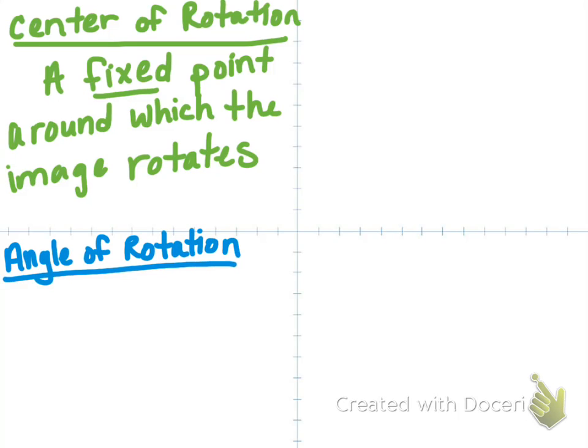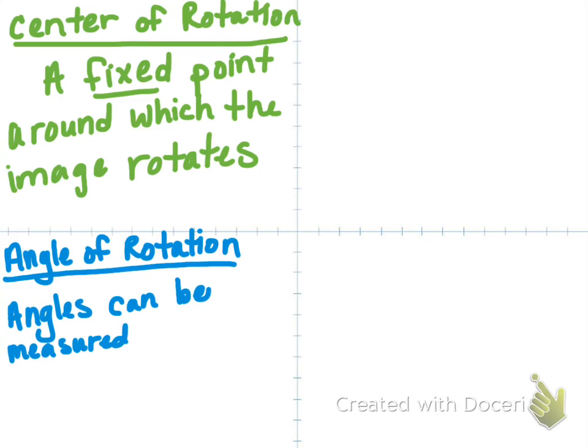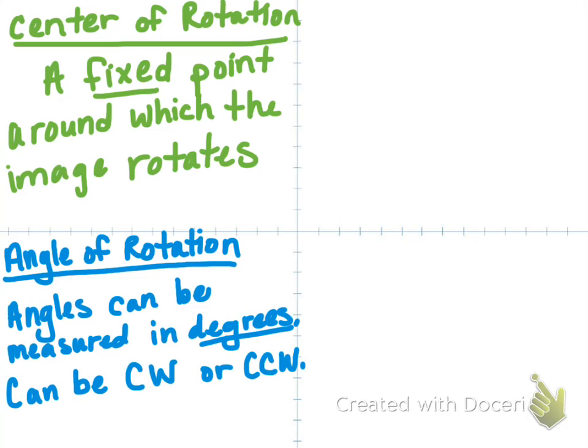And your third vocabulary for this section is angle of rotation. So there's two things we need to know about all rotations. One is where do they rotate around, and then the other is the angle of rotation. And there's two pieces to angle of rotation: the degrees, and then also whether it's clockwise or counterclockwise.